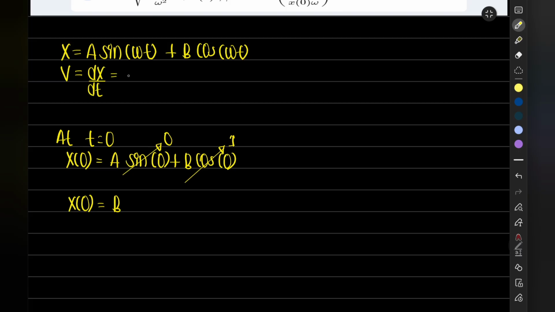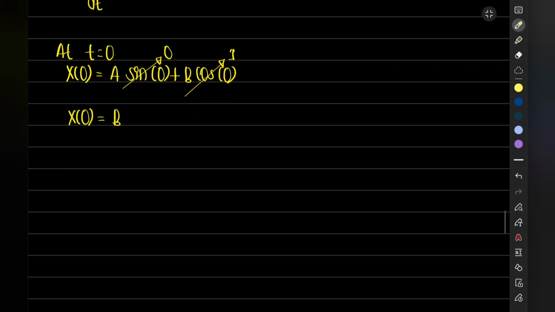So it will be a into differentiation of sin omega t, which is cos omega t, and further differentiation of omega t will be omega. So a omega cos omega t, and similarly here b is a constant, differentiation of cos is minus sin, and further differentiation of omega t will be omega. So this is the value of velocity which we got.